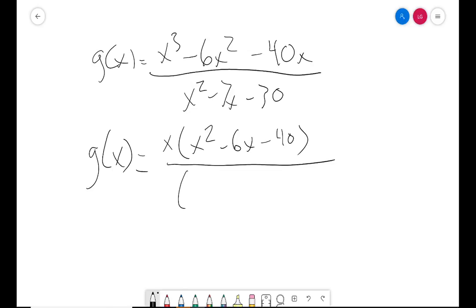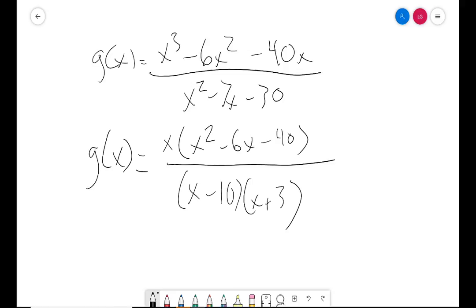I also want to say that I'm looking at x minus 10 on the bottom times x plus 3. So what's interesting here is, and this is perfectly fine, you don't have to do all of the factorings at once.